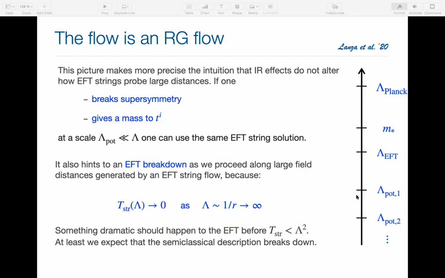So at some point, these two scales will cross, and then you will have this fundamental axionic string that has a scale below the cutoff, and then you expect something dramatic to happen. At least what you expect is that you will start seeing some oscillation modes of the strings, and then the semi-classical description that you're used to will have to be changed or destroyed or whatever.